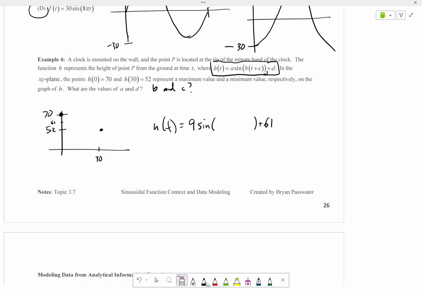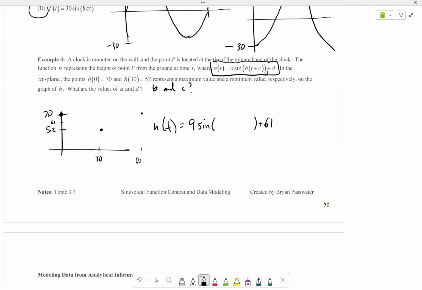Yes, Max. For B, I got pi over 30. How'd I know that? When plotting the points on the graph, we know that (0, 70) is a maximum and (30, 52) is a minimum, so it must go up to a maximum again, making it like a cosine graph.